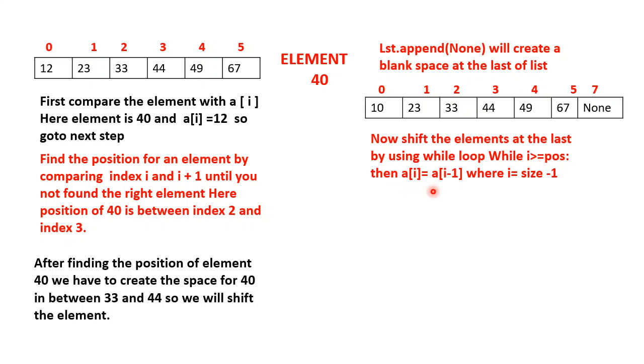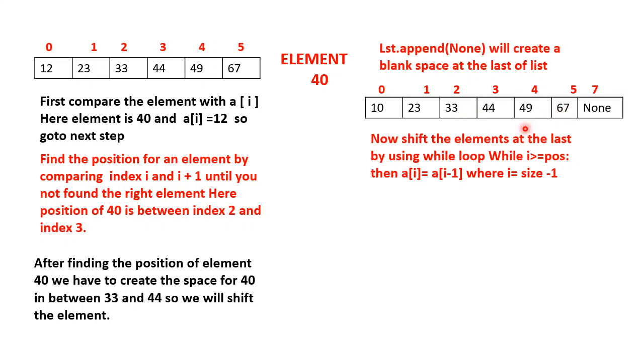What we are doing is, we are inserting a[i-1] into a[i]. What is a[i-1]? i is 6, i minus 1 is 5. So 0 1 2 3 4 5. So this element will be shifted into a[i].